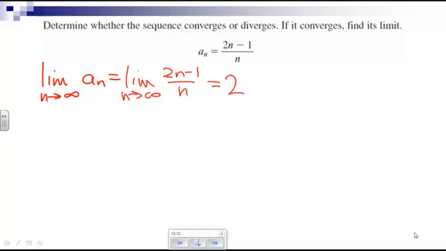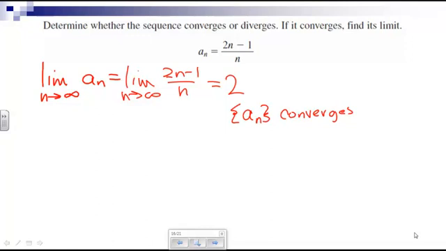We say that the limit is 2, and therefore the sequence a sub n is a word that I'd like you to yell out here. Converges. It converges. This is our first time that we've used the word converges.